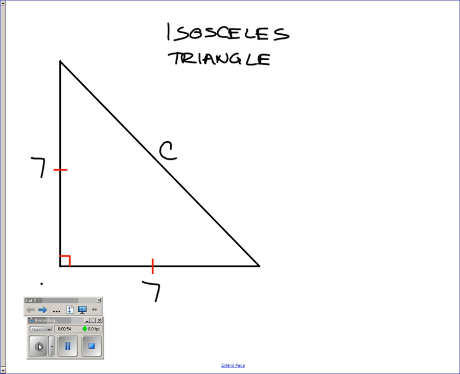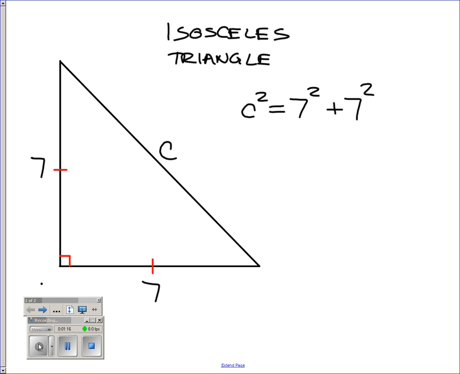So I'm going to use the Pythagorean theorem and just write this out as C squared is equal to 7 squared plus 7 squared. That's what we would get. Now, normally, if we were just doing this for any regular right triangle, we'd go ahead and square the 7, get 49.